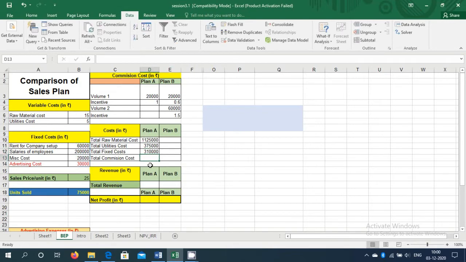Next, total commission cost I have to write. For plan A, it is saying that if it is more than 20,000, then only 1 rupee.